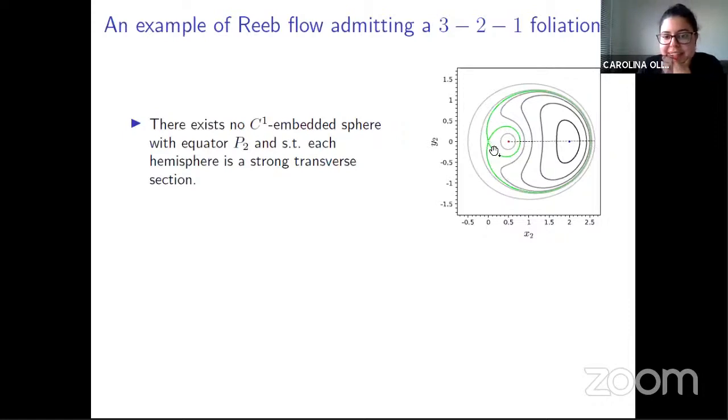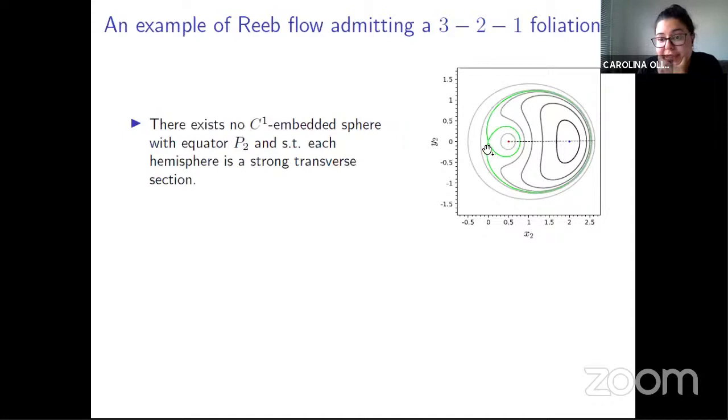So the idea is that if we do have a sphere with equator P2 that is projected to this critical point here, necessarily it will be something like this, and some part of the sphere will necessarily enter this region.